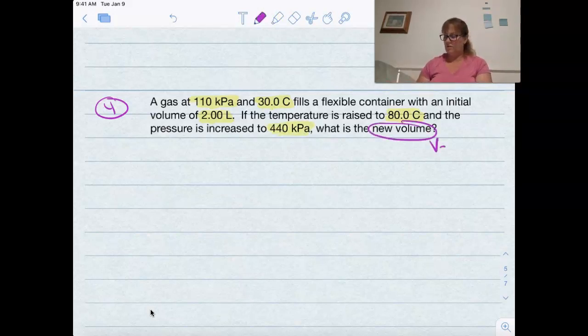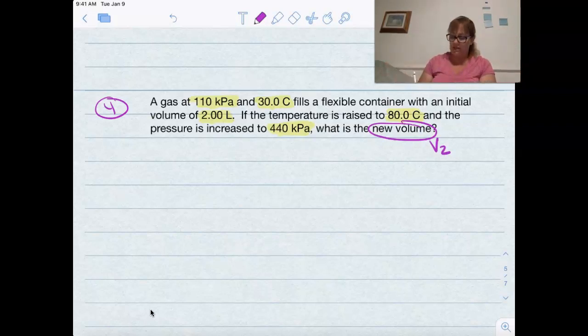So we're trying to solve for our V2. That's our question. Okay, what you notice in here is we've got a new unit for pressure, the kilopascals. You do not have to convert this to atmospheres. You can use it just as kilopascals as long as both your initial and your new pressure are the same units. So we're going to just work with kilopascals.